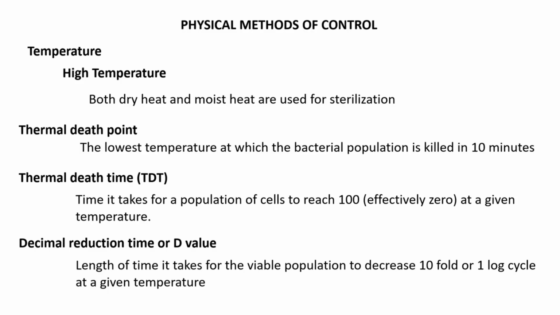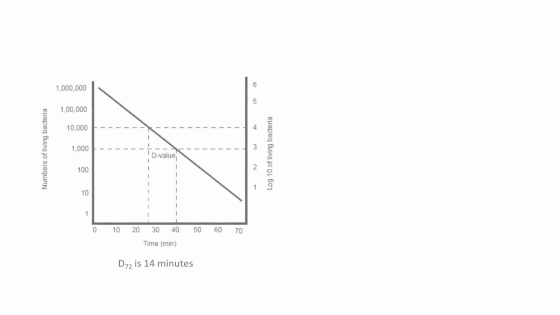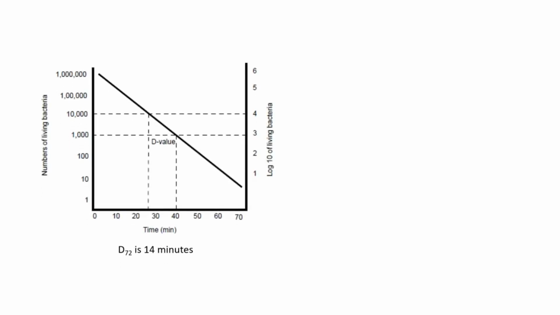This can be determined by incubating a culture at a lethal temperature and periodically determining the number of surviving microbes in the sample by viable plate count. This is called the survival curve method. The log of the viable plate count is plotted against time and a straight line is drawn through these points.